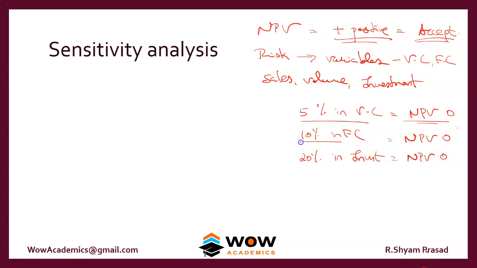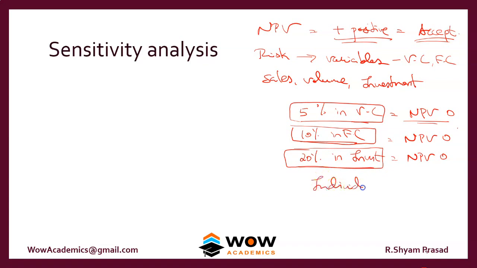We are trying to find out only when variable cost changes, only when fixed cost changes, only when the investment amount changes. So this individual basis is very important for the sensitivity analysis concept. We'll discuss the concept in detail.